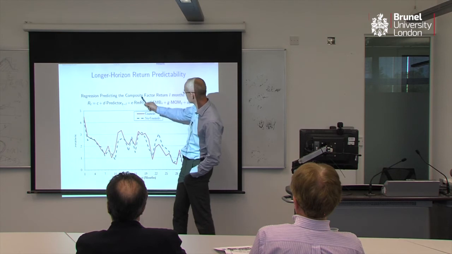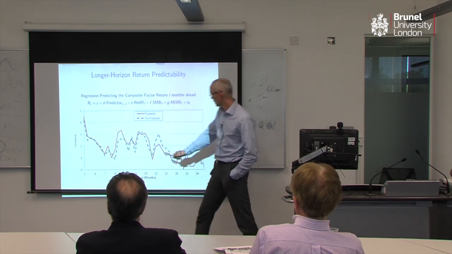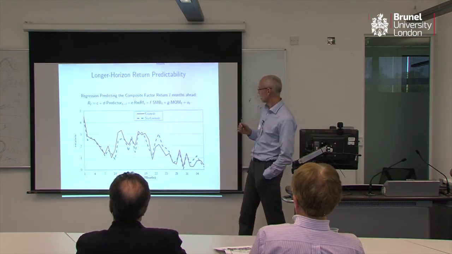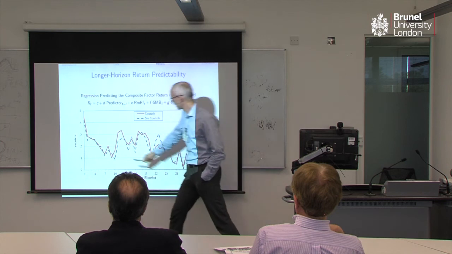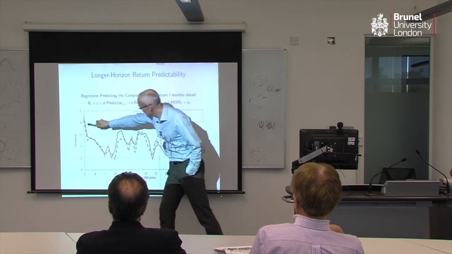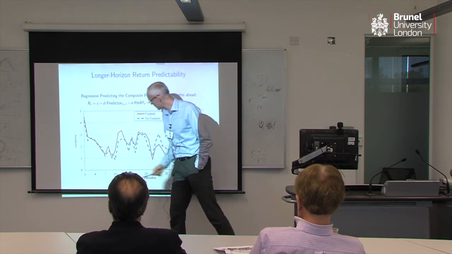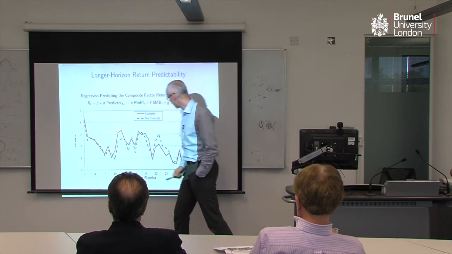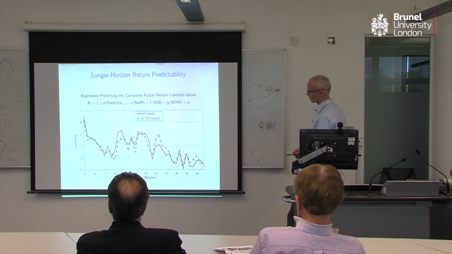This is doing it for the composite factor, looking up to 36 months into the future, using the first principal component, and here I'm plotting the t-statistics. We have a very high t-statistic in the beginning, which quickly drops. In fact, it's insignificant here in 6 to 10 months, but it's generally significant over the period of 1 to 2 years.